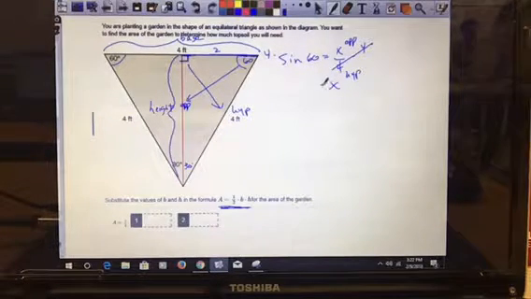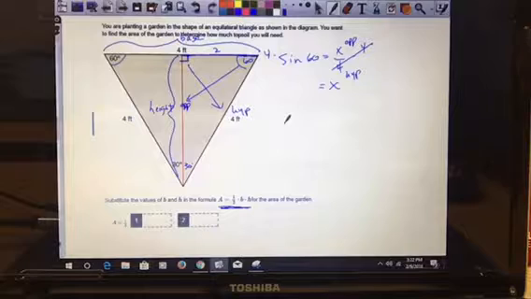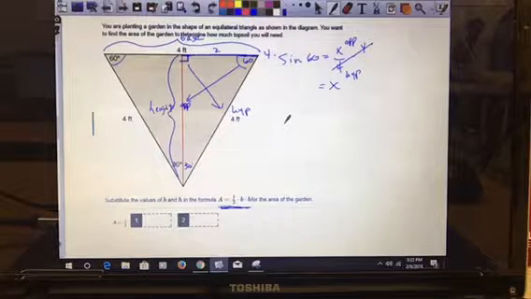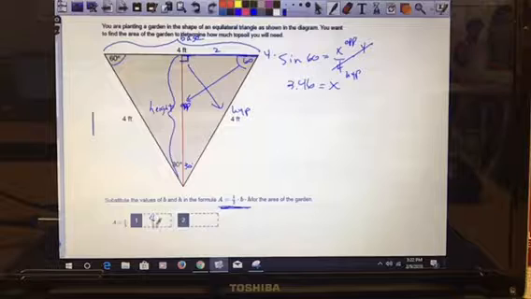If you cancel it out, x is going to equal a decimal. And I don't know that the answer is going to take the decimal. It might. 4 times the sine of 60. I mean, it should take the decimal, even though it is rounded. You get 3.46. So that would be your height. So your base would be 4. Your height would be 3.46.